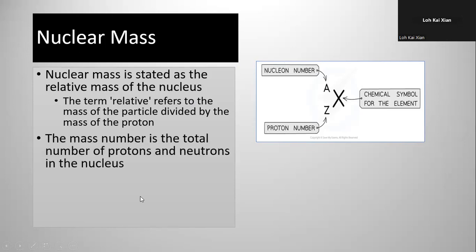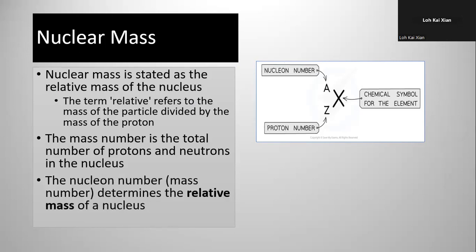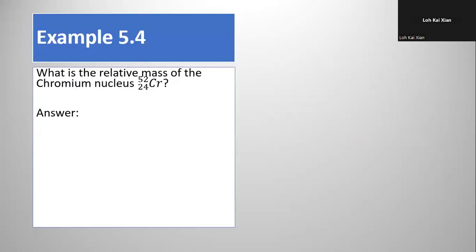Mass number is the total number of protons and neutrons in a nucleus. Nucleon number, or mass number, determines the relative mass of the nucleus. What is the relative mass of a chromium nucleus? The relative mass would be 52, right? 52, good.